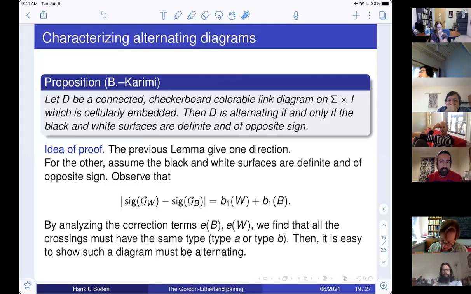That amounts to a little more work, both noticing that the difference between the signatures in absolute value for the Gordon-Litherland pairings for the black and the white surface will sum to the sum of the first Betti numbers. And playing around with the correction terms, you can see that all the crossings will necessarily have the same type. They'll all be either type A or type B, depending on how you chose the coloring. And then it's easy to see that that's equivalent to the diagram being necessarily alternating.